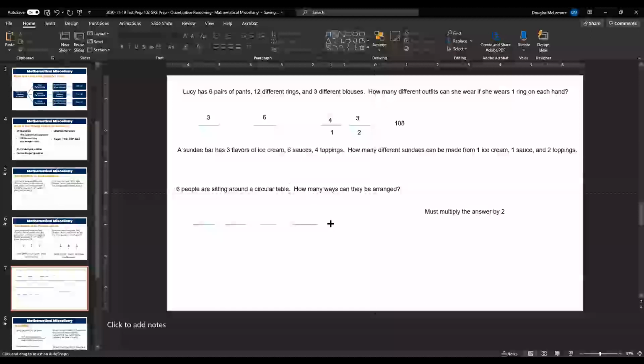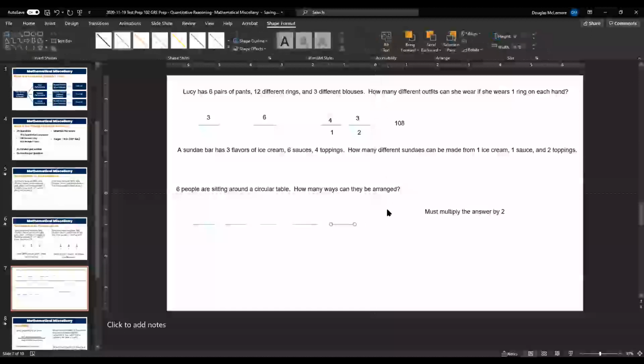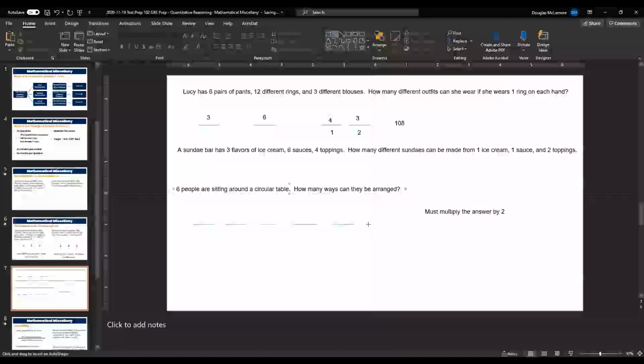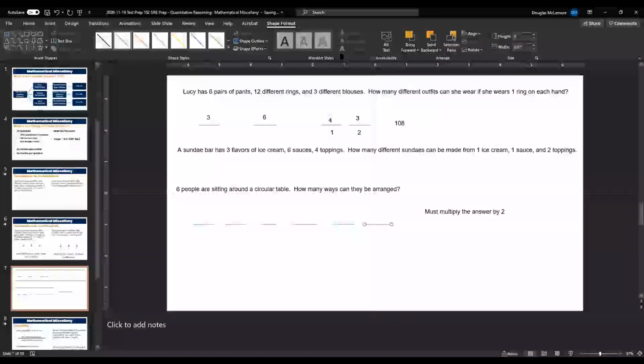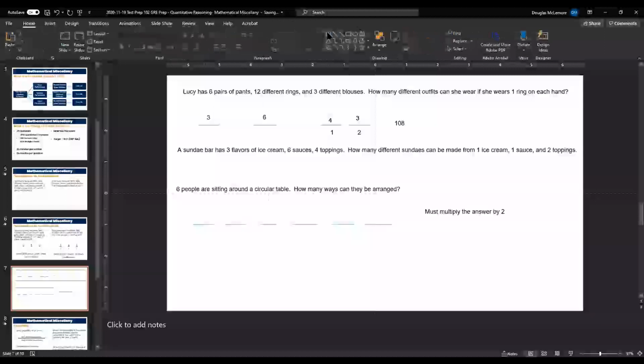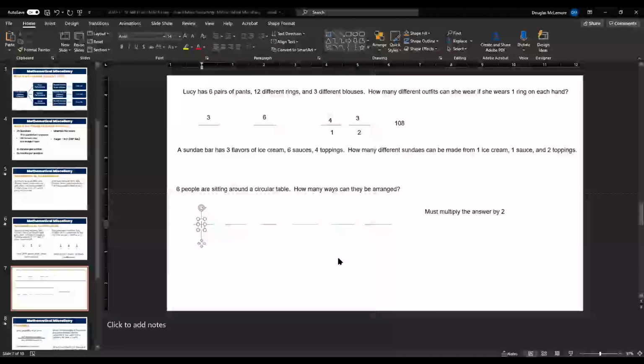Because it's a circular table, something annoying happens. How many people can sit in that first seat at the circular table? Exactly. Thank you, Kushraj. You don't know where to start. There is no first seat at the table.